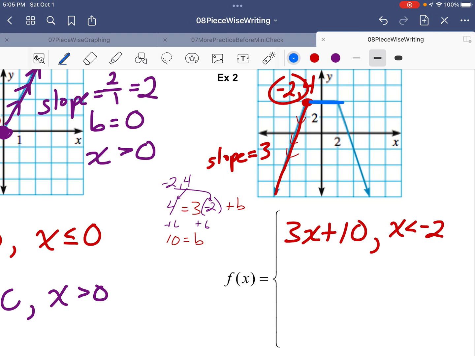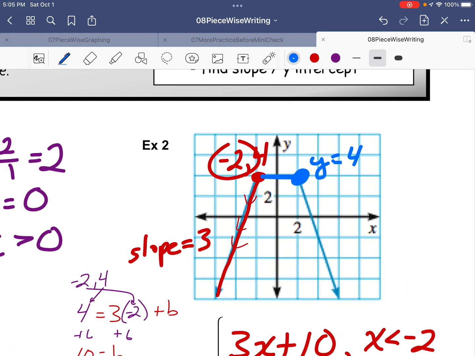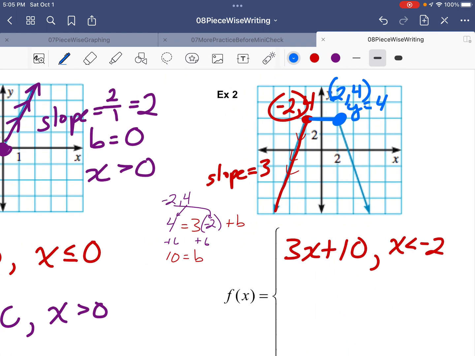Next, we have a horizontal line, and this horizontal line appears to basically have a y value of 4. We want to note that it is in between a couple x values. It looks like now we're at x equals 2, so my restriction is going to be such that I'm between the x values of -2 and 2.